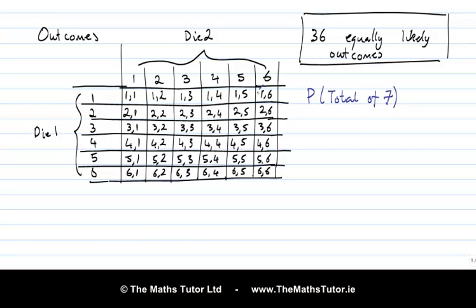Well, 1 and 6, 2 and 5, 3 and 4, 4 and 3, 5 and 2, and 6 and 1. And none of the other outcomes give us a total of 7. So how many did we get there? Well, 6. So 6 outcomes give us that event, and the total number of outcomes is 36, so the probability is 6 over 36, which is 1/6.